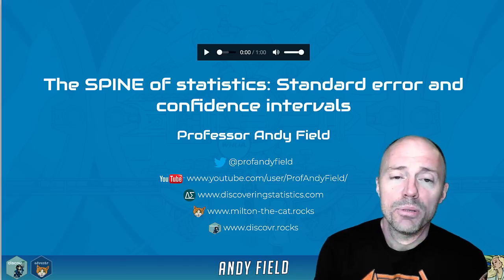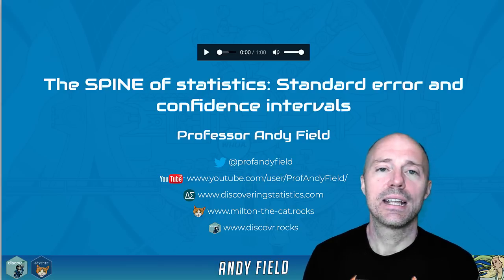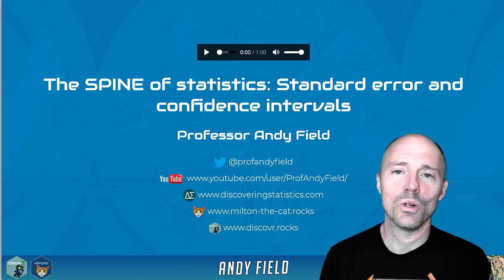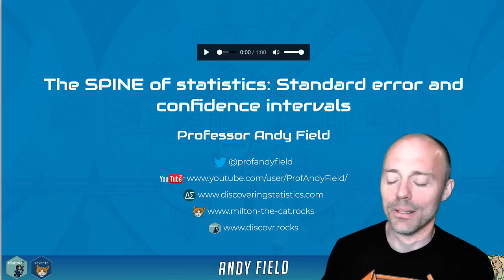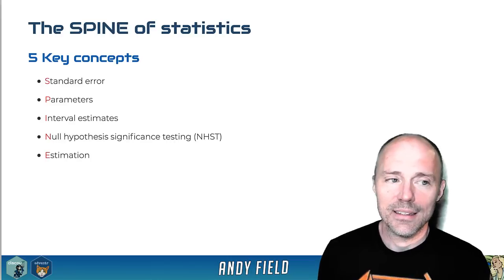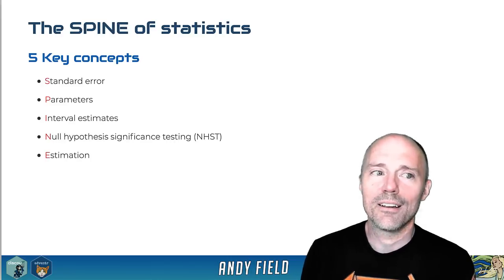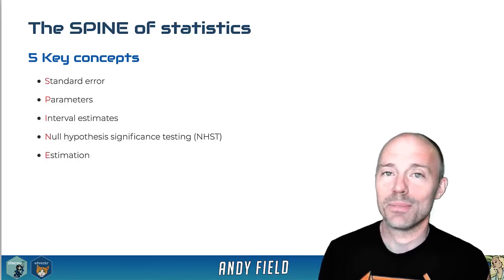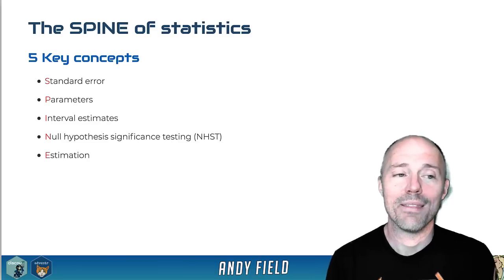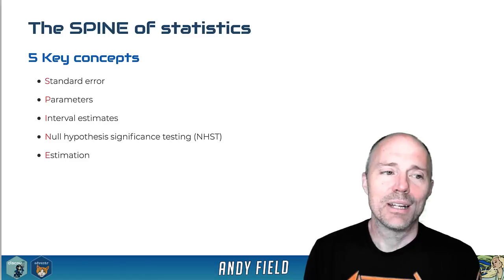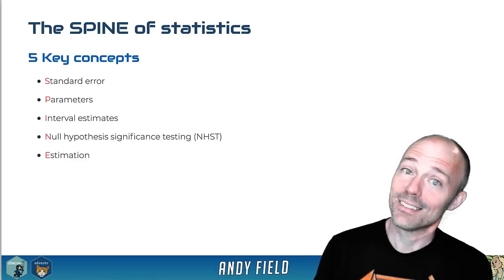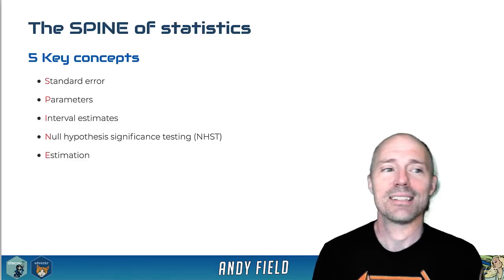So in the previous lecture we started looking at what the linear model was, and we had a talk about parameters and estimation. And these form two of what I think are 5 key concepts to understand when thinking about linear models. And they form the acronym of SPINE, hence the name of the lectures, the spine of statistics.